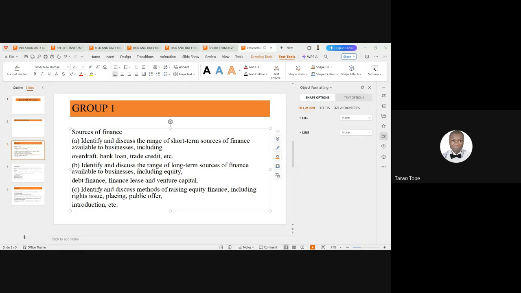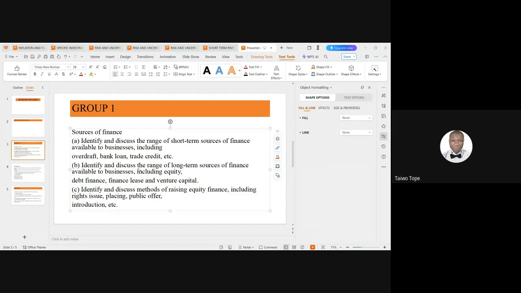The lease has a primary period which covers almost or most of the economic life of the assets, unlike the operating lease, which is just for a short period and you return it. With a finance lease, you might use the assets over time, even up to the end of the useful life of the asset.